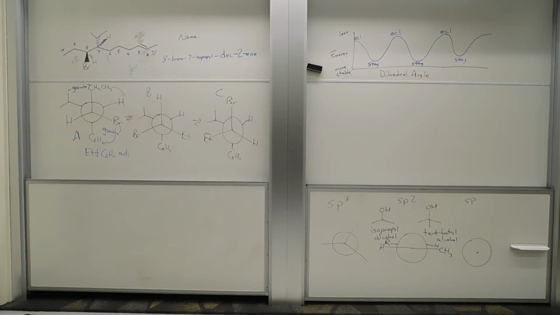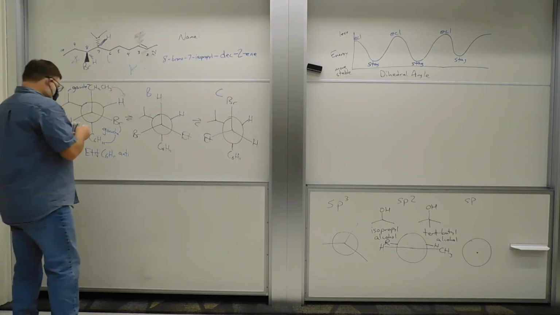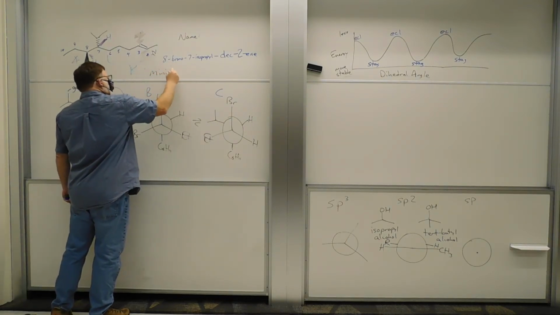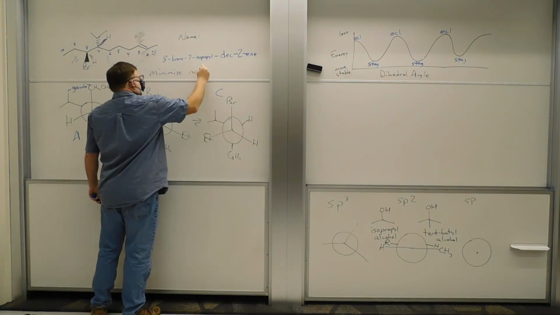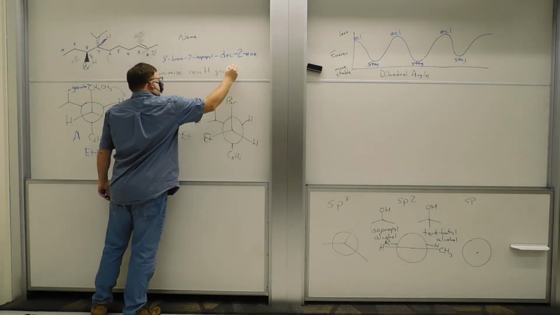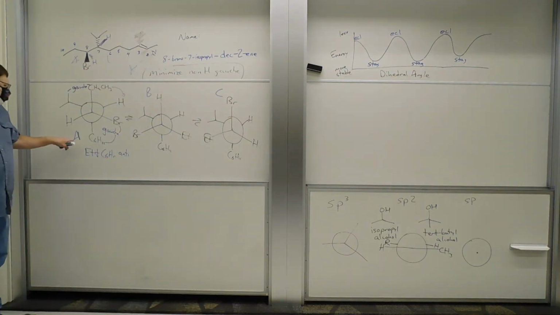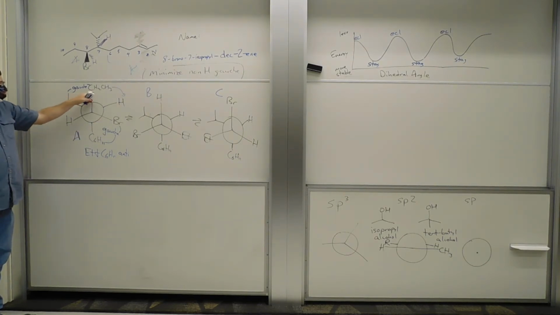We would like to minimize how many of those do not involve hydrogen. In A, I've drawn the only 2 non-hydrogen gauche interactions: C6H11 and bromine, and isopropyl and ethyl.